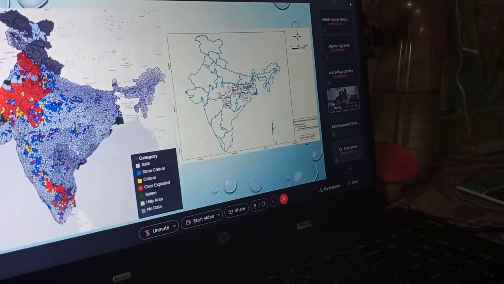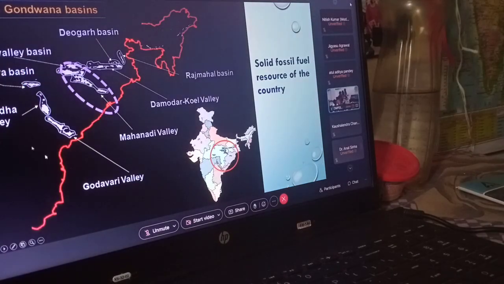And let us compare the same thing with the groundwater resource assessment. On the left side you can see the India map with the categorization of the assessment units based on the recent GEC 2015 based estimates. Here, as I said, you see these central Indian coal fields.